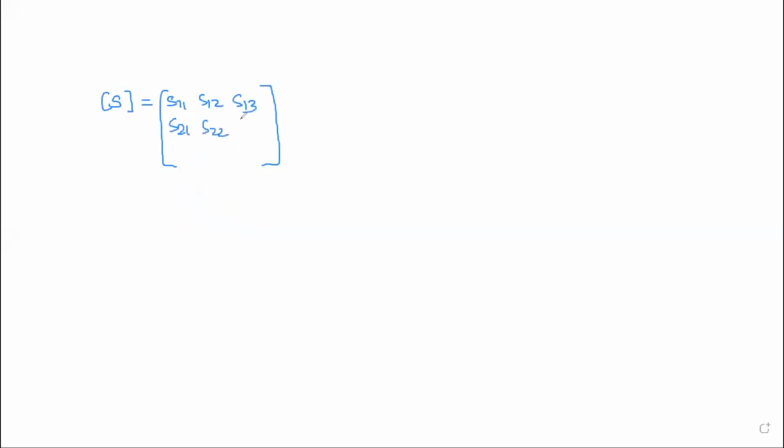S21, S22, S23. Similarly, S31, S32, S33. So this is the representation of a 3-port S matrix. Now you have to find out what is S11, what is S12, S13. Based on that, you have to find out the S parameters or S matrix for the E-plane T.